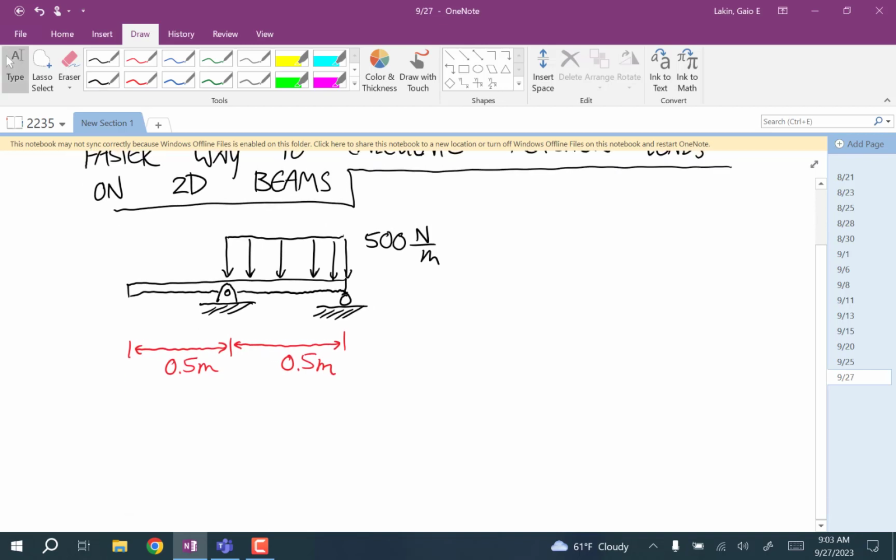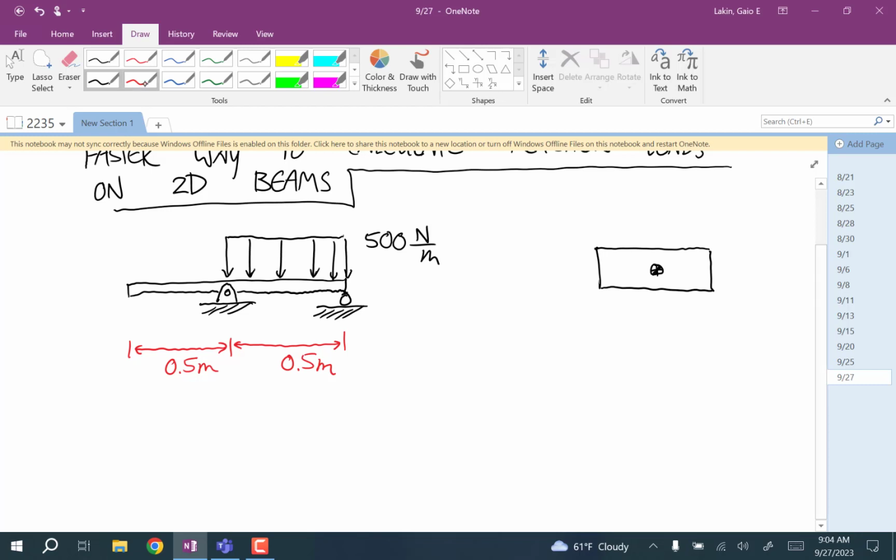Okay, I'm going to do a free body diagram. In my free body diagram, I'm going to represent that distributed load as a point force. So I'm first going to figure out where the centroid is and what the area is. The shape is a rectangle, so the centroid is going to be right in the center.